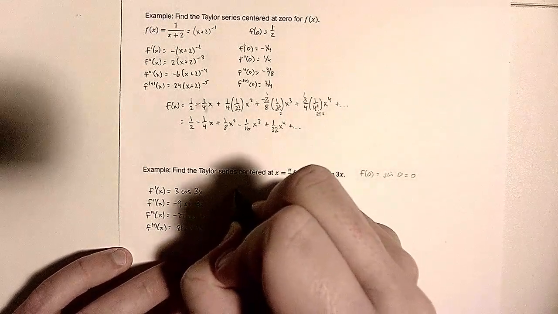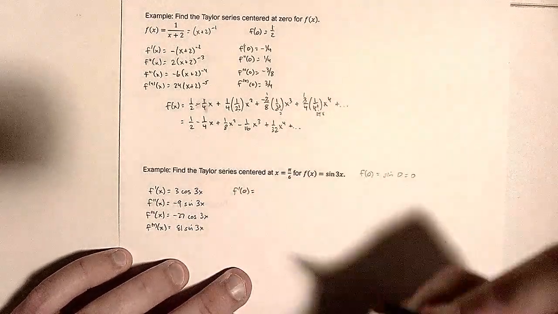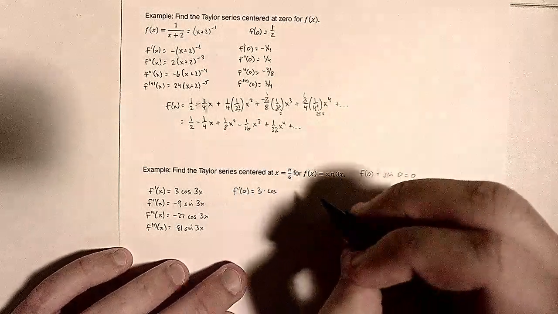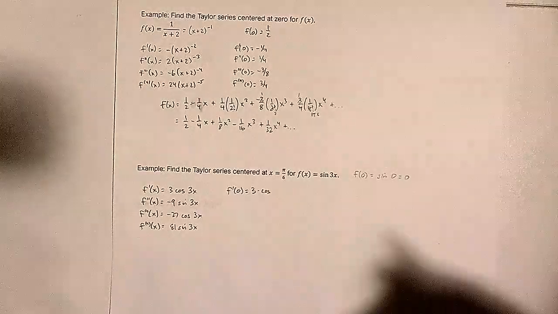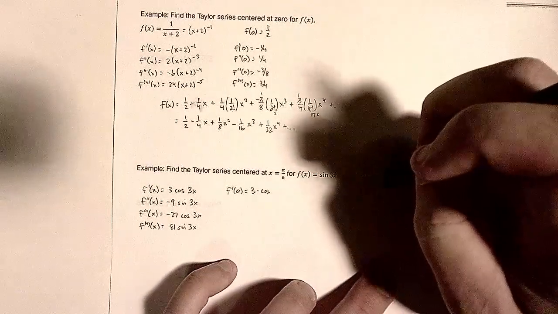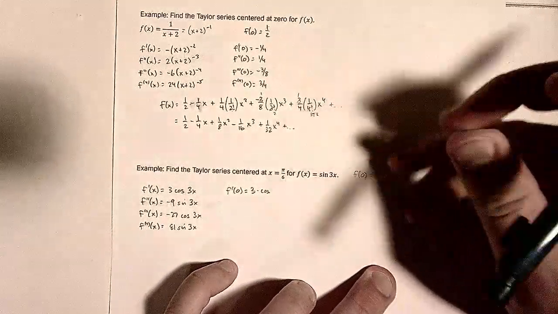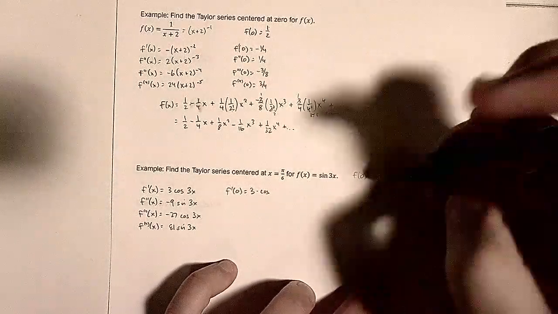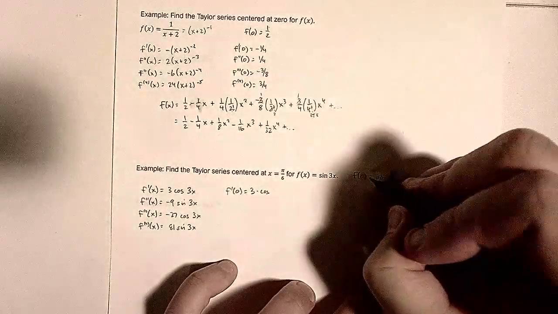All right, so now f prime of 0, what's 3 times cosine of 3 times pi over x. And I just realized that I have a mistake over here that I need to fix. So our first value is actually pi over 2. That should be pi over 6.